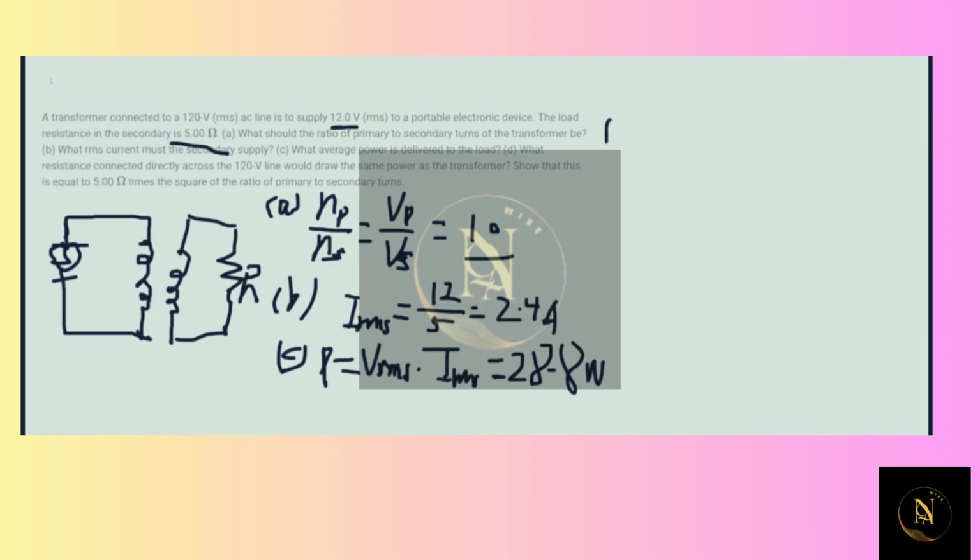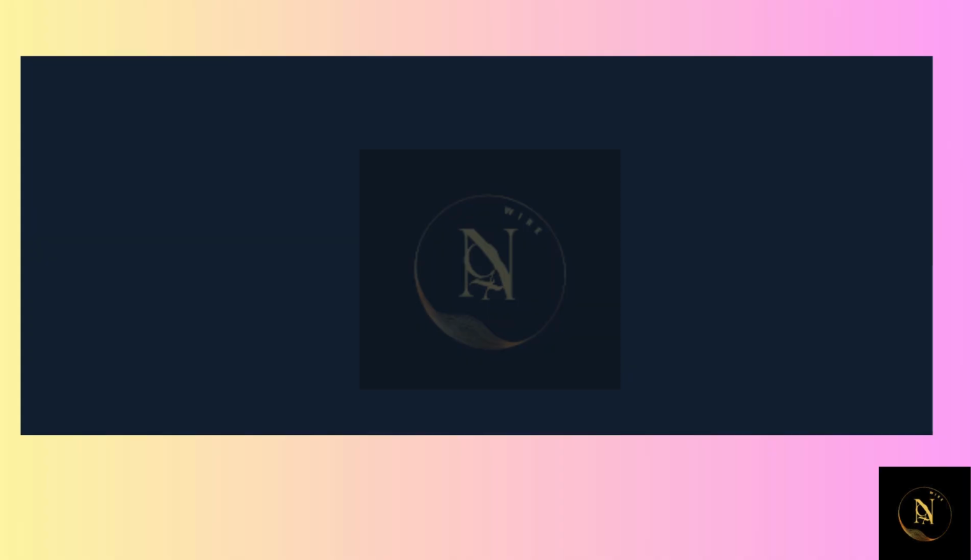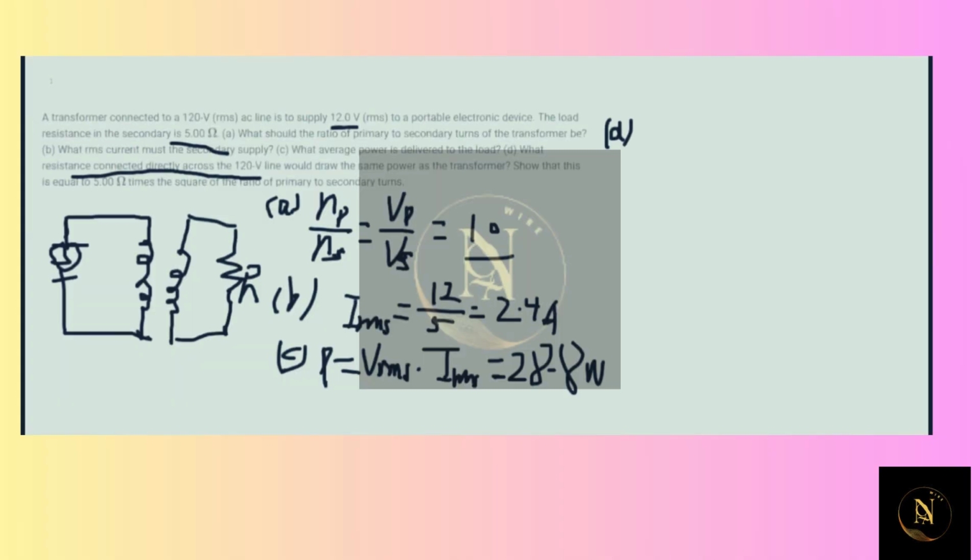And for part D, what resistance connected directly across the 120 volts line would draw the same power as the transformer? So let me see, across this line would draw the same power as the transformer.